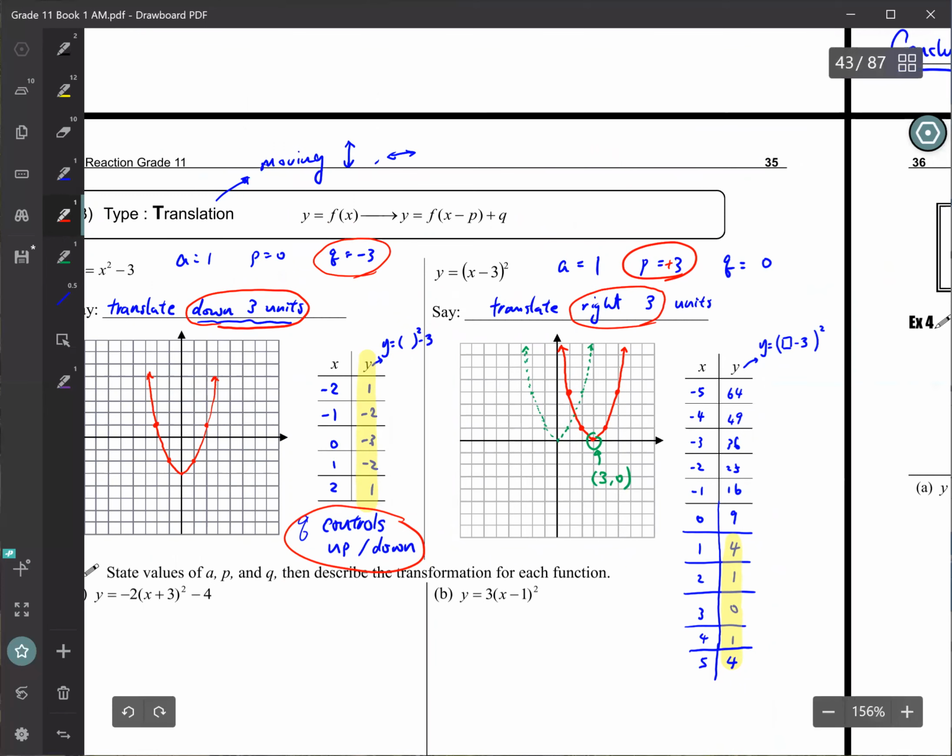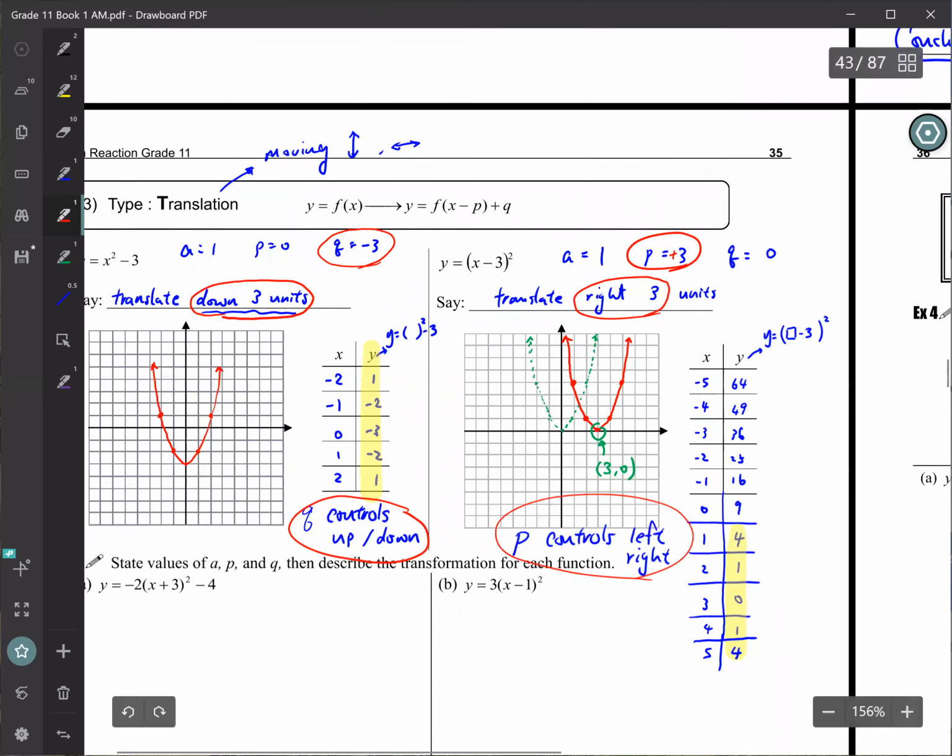So let's write that down as our conclusion. P controls left or right. If it's left, P is negative. If it's right, then P is positive. Just like the number line: going right and going up is positive, going left and going down is negative.